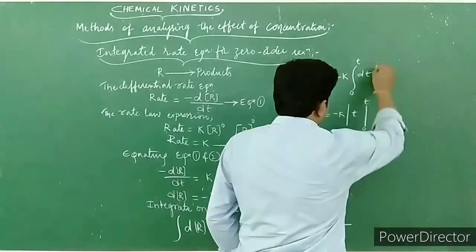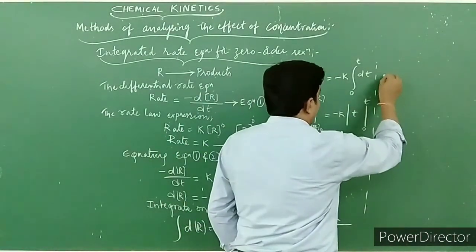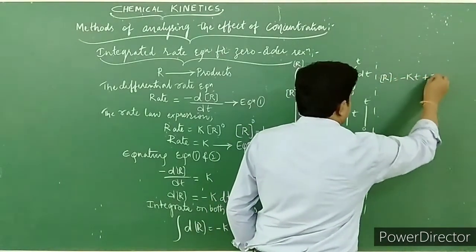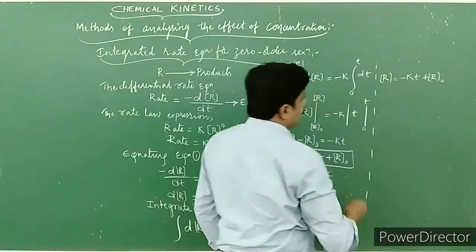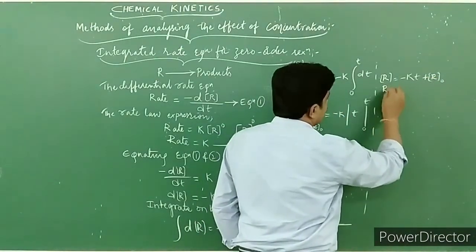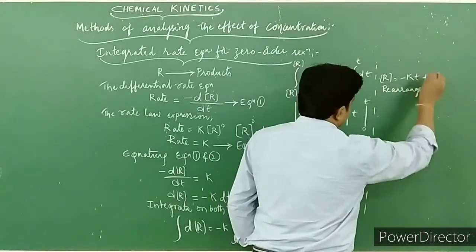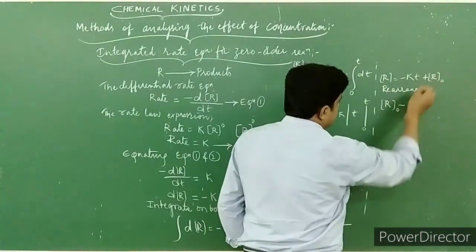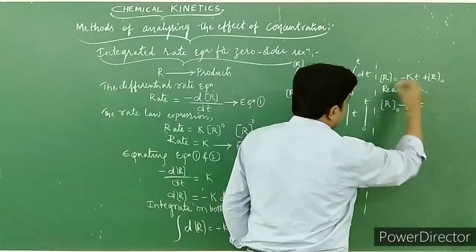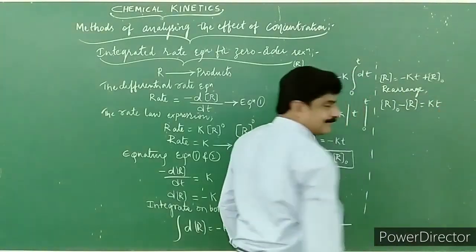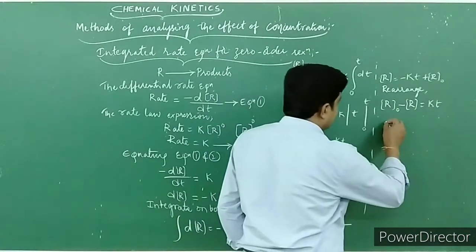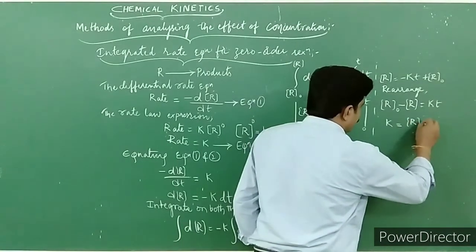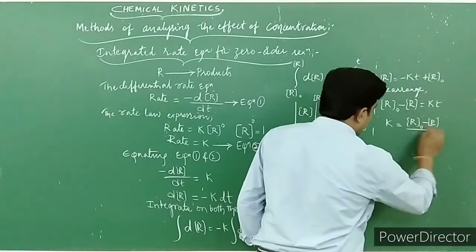Children, let me write the expression again here. Look at here. R is equal to minus kt plus R naught. So what do I do? I rearrange the expression. R naught minus R is equal to kt. Is it not? Now look at here. k is equal to R naught minus R upon t.